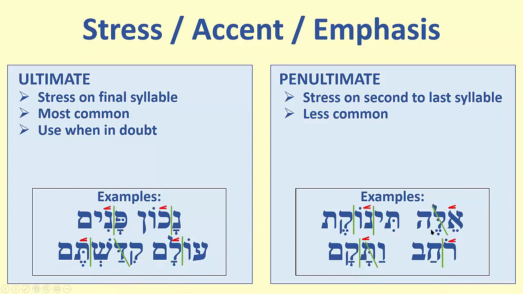Again, I'll go ahead and insert these green lines to show you where the syllable divisions are, and then I'll add this red symbol to show where the accent of the word goes. Ele, tinoket, rochav, vatakom, nachon, panim, olam, kidashtem.